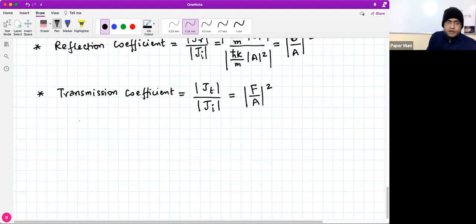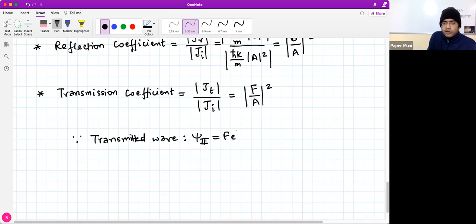Now the transmitted wave here, since we just wrote it directly, is represented by psi3, which is F e to the power i kx.